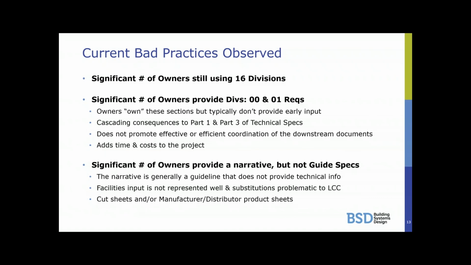As I mentioned, in the section format, there are 3 parts. The first part is called General, and that expands upon and defines particular requirements that have been addressed in Division 1, but talks about very specific requirements for the products, materials, systems, and assemblies that are in that particular section, such as what are the particular submittals for wall panels?